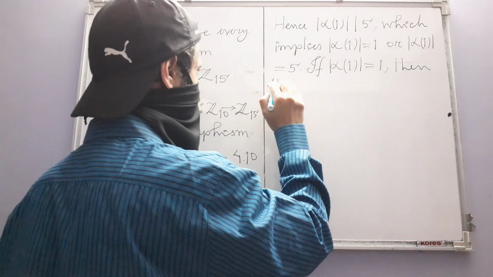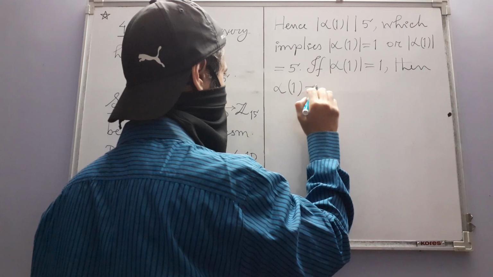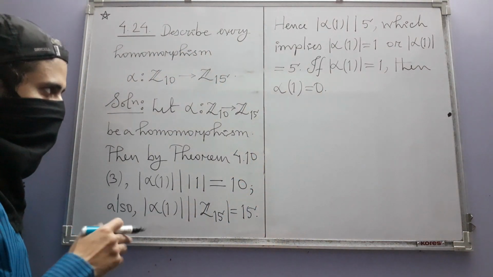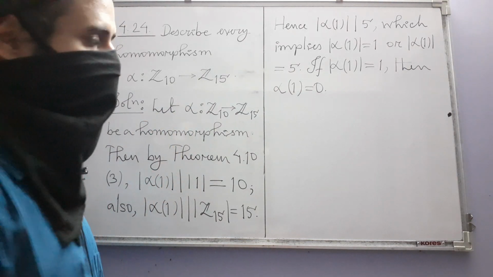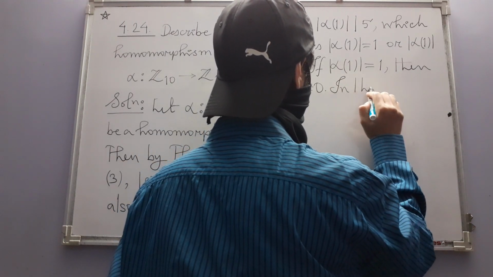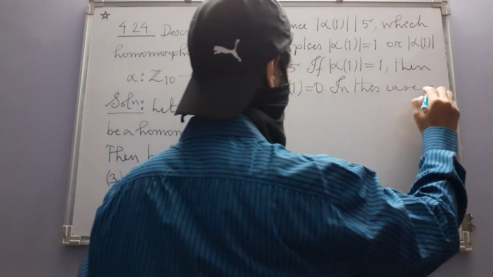But the identity in this group is 0. So in this case, at once we can say what the actual homomorphism alpha is.